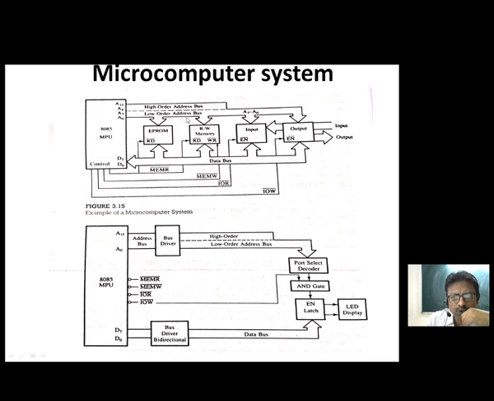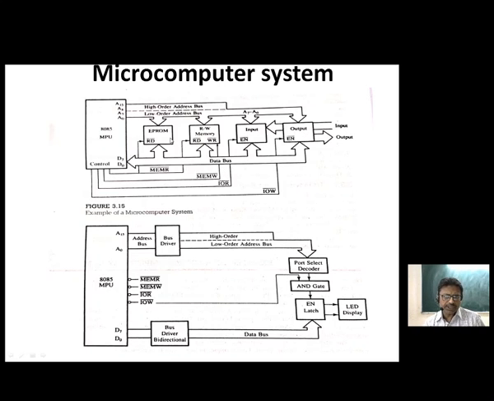You can see the higher order address and lower order address are connected with memory, and the lower order address is connected with the input and the output device, considering that the input and output devices are connected as peripheral mapped input and output, in which we require only 8-bit address lines to identify the individual devices.